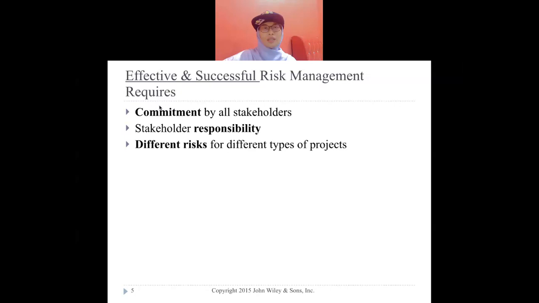But for the stakeholder, you might need to approve in the approval process and not change the requirement. They know their role and responsibility. And then there are different risks for different types of project. You should be able to identify different risks so that you can have a backup plan.